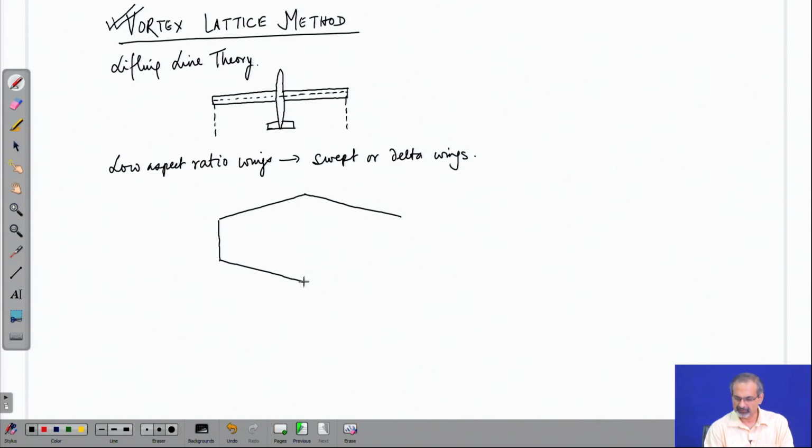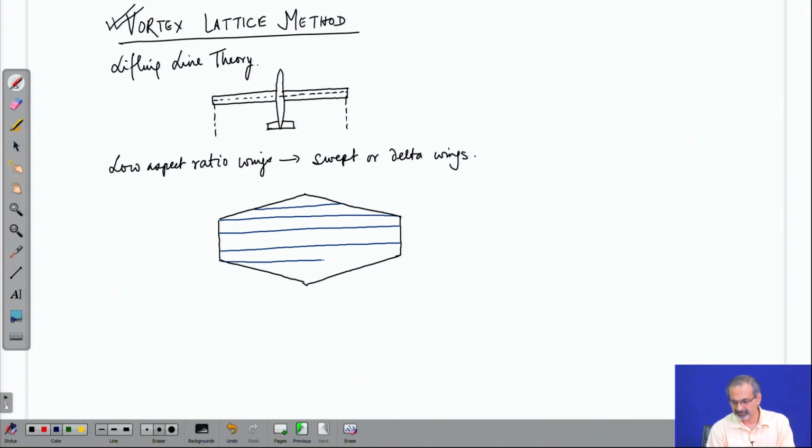Let us take a wing plan form like this, and then let us draw a couple of lifting lines followed by trailing vortices.